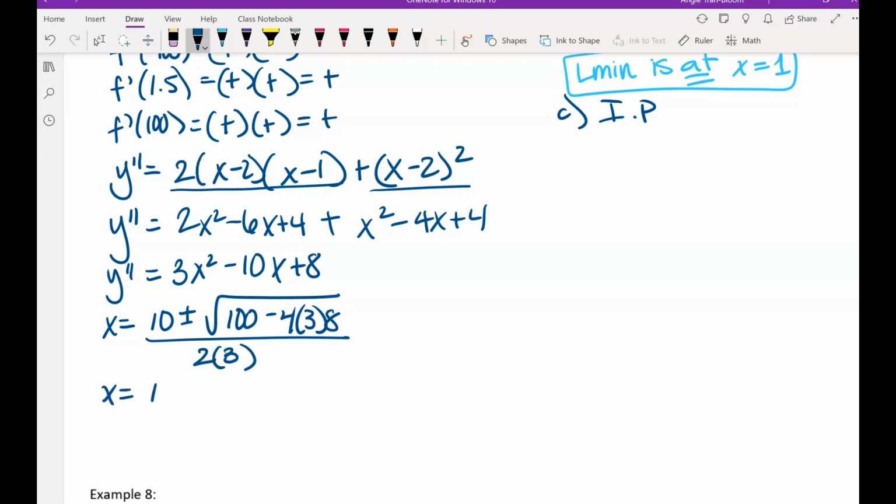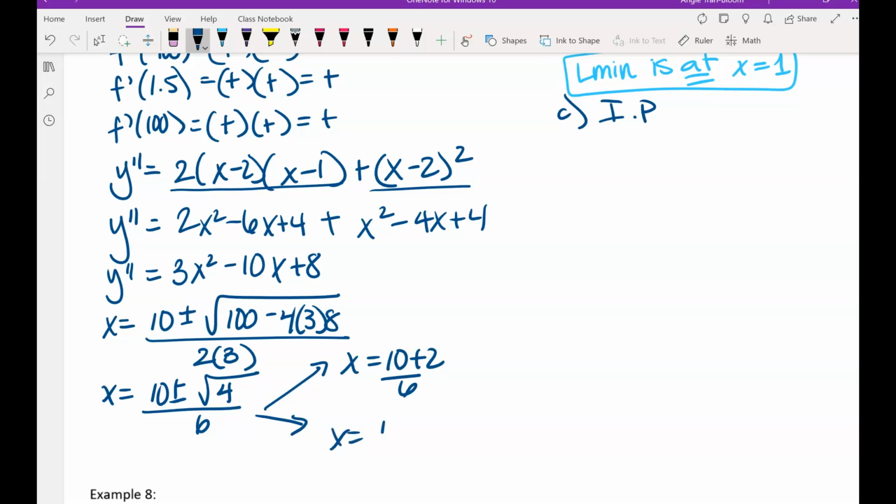So this is going to be 10 plus or minus, under the radical, it's going to give me 4, over 6. That's not too bad. So x is going to be 10 plus 2 over 6, or x is going to be 10 minus 2 over 6. This will give me 2, and this is going to give me 4 over 3.